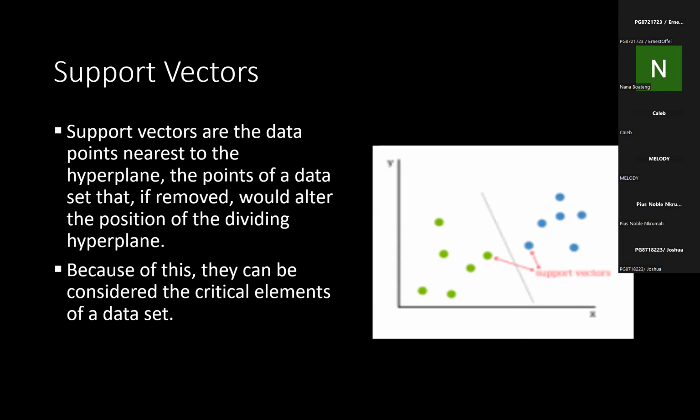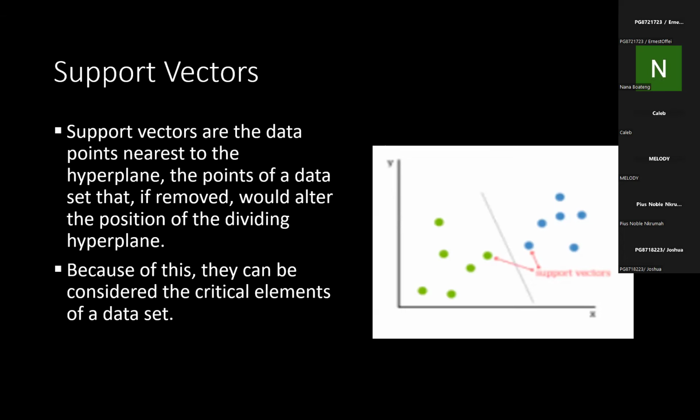The idea behind support vector machine is to create a hyperplane which doesn't have so many support vectors very near the hyperplane, because if they are very near the hyperplane, they affect the predictions that will be made. So as much as possible, we want the variables to not be very near the hyperplane.